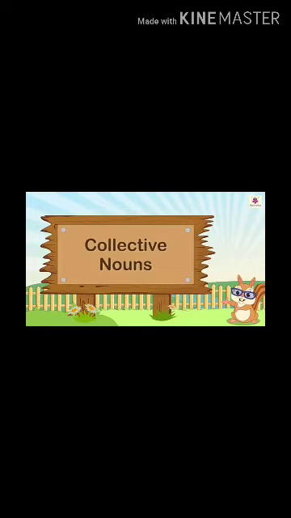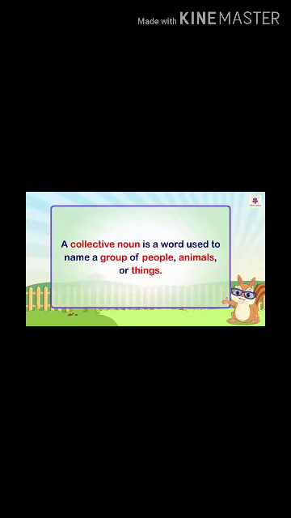Now the next one is collective nouns. A collective noun is a word used to name a group of people, animals, or things. The nouns which are in a group, that particular word will be called a collective noun.